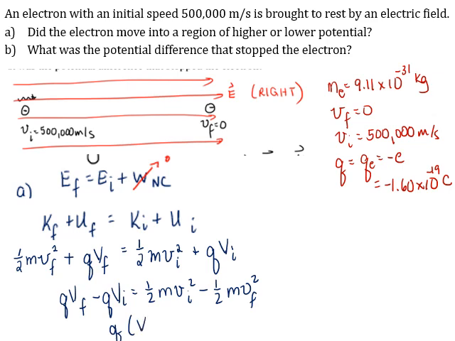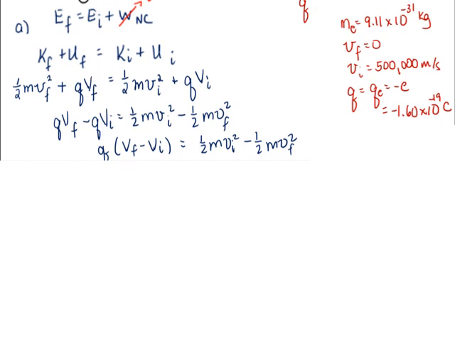So we've got Q outside of V f minus V i, that's our delta V, equals 1/2 times m times v i squared minus 1/2 times m times v f squared. V f minus V i is delta V, that's what we're trying to find, the potential difference. We'll divide both sides by Q.